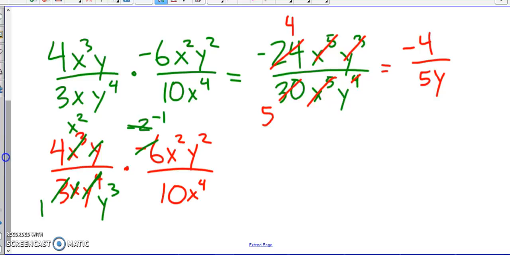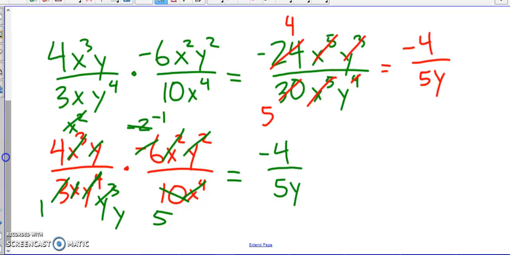And then that would become negative 1, and that could become 5. And notice that x squared and x to the fourth will cancel out. And if I take y squared, it will just become y. And if I take what's left over, I still get negative 4 over 5y. So either way you want to do it is fine.